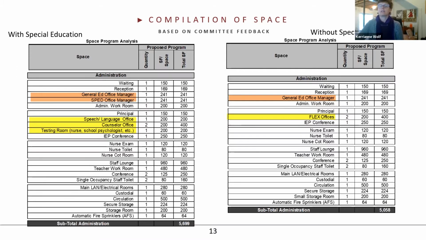For the office spaces, we had initially suggested some flexible offices for whoever might need them, and it was suggested instead to delineate who those offices would be used by. So we have a speech office, a couple of counselors' offices, and then a testing room also at the admin.